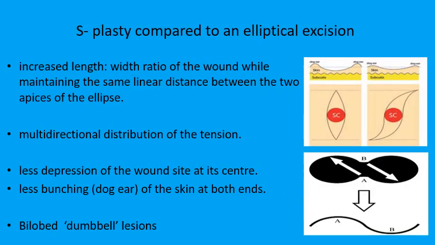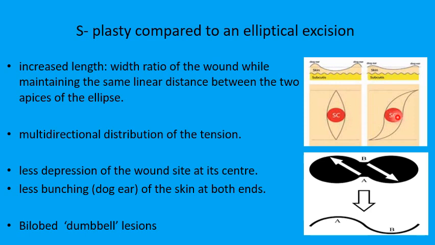When the wound geometry of elliptical conventional excision and the S-plasty were compared, it was clear that in comparison to the conventional way, the S-plasty provides less central depression of the wound and less elevation of the wound edges compared to the other technique.